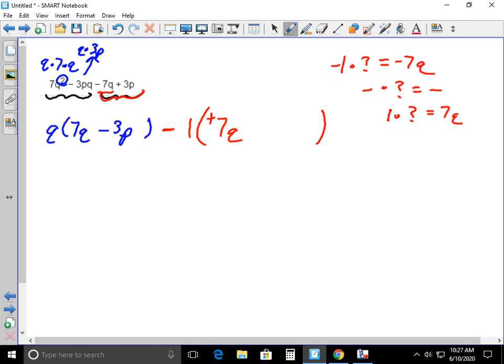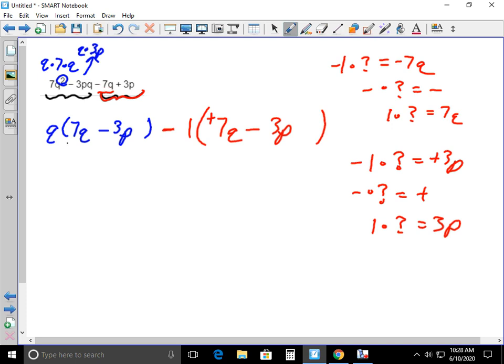Now to get the 3p, we're going to say negative 1 times what makes a positive 3p. What does our sign need to be? A negative times what sign makes a positive? That would be a negative. And then 1 times what makes 3p? Well, 1 times 3p makes 3p.